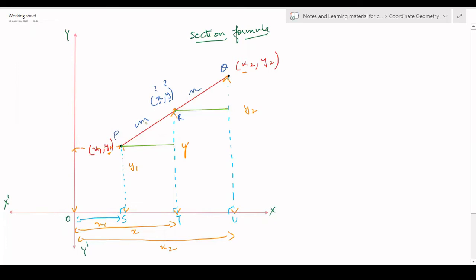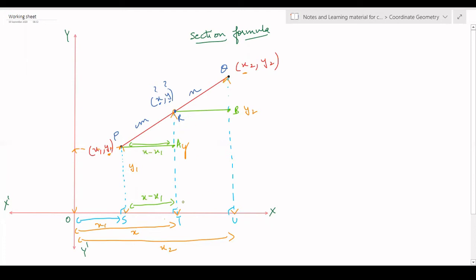Let's call these points A and B. Now the distance from O to T is x, and O to S is x1, so this distance becomes x minus x1. The parallel distance PA, equal to ST, will also be x minus x1. This distance is x2 minus x, and so is the distance RB, x2 minus x.